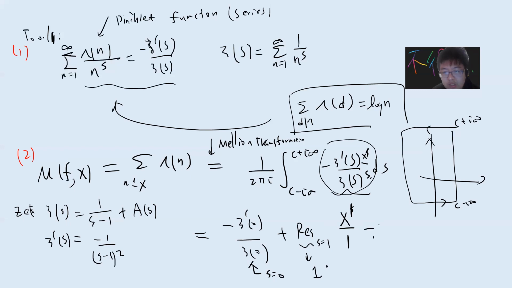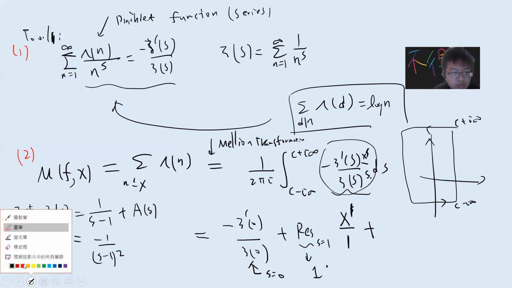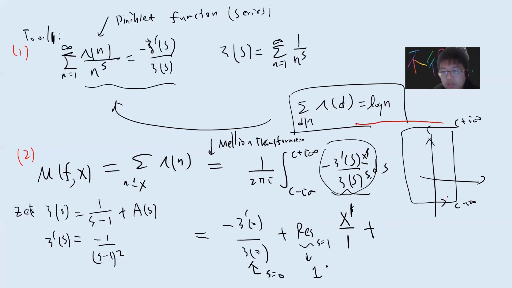Plus all the nontrivial zeros. You need to consider the zeros before this line, with 0 less than the real part of s less than or equal to 1.